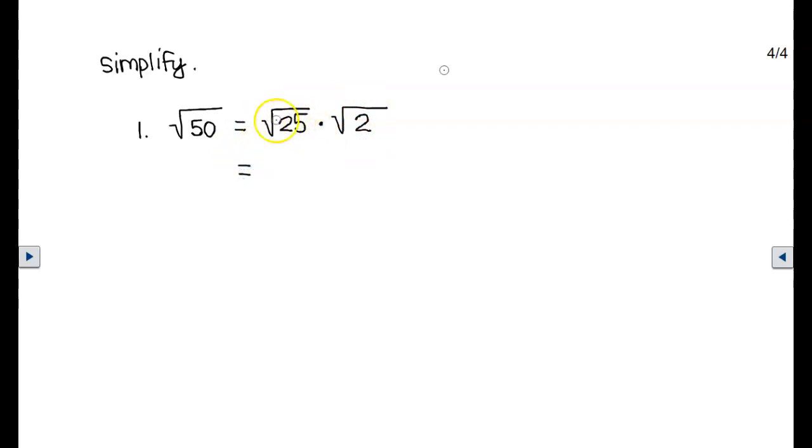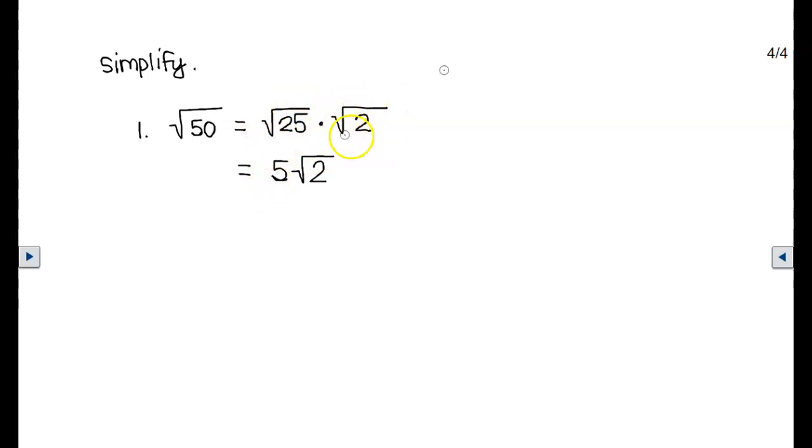All right, now, square root of 25 means what number times itself is 25. I know that. I can do that. That is 5. The square root of 2 means what number times itself is 2. I have no idea. So I can't do that. So notice, I can do the square root of 25. That gives me 5.